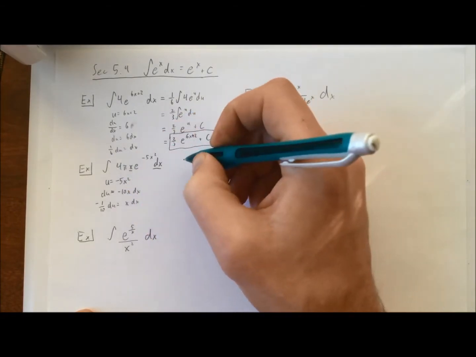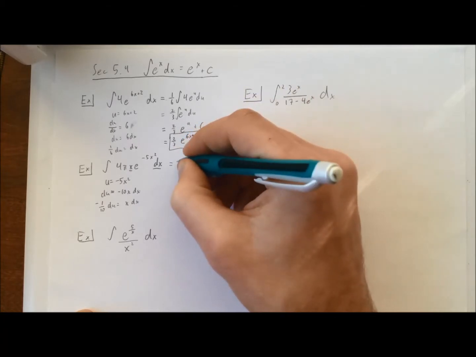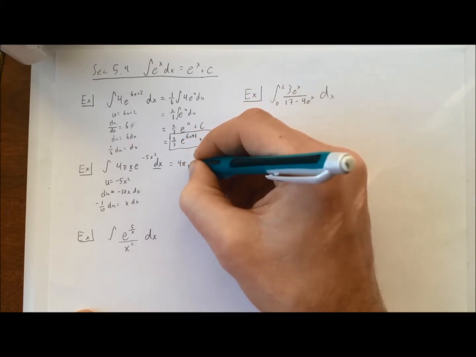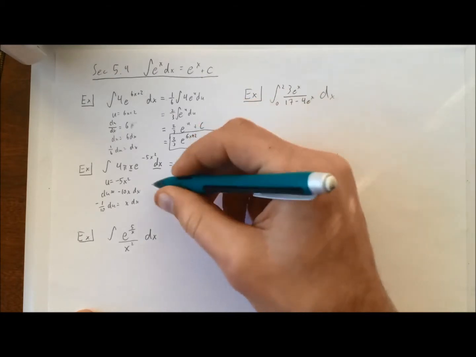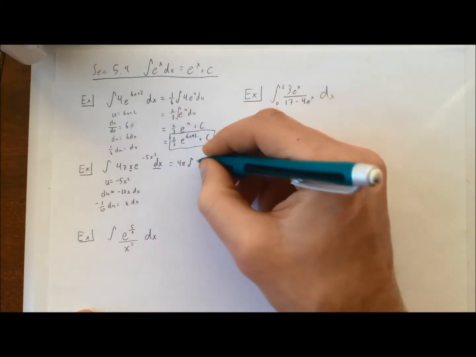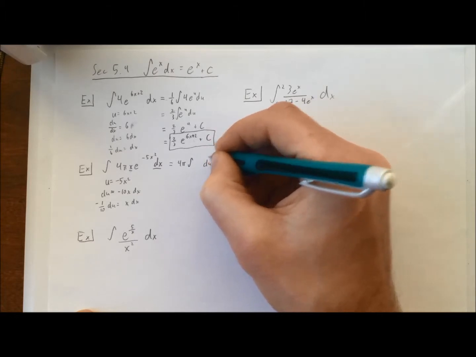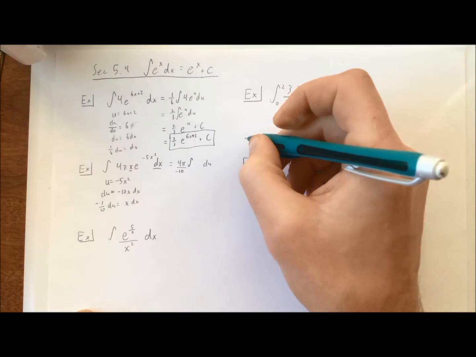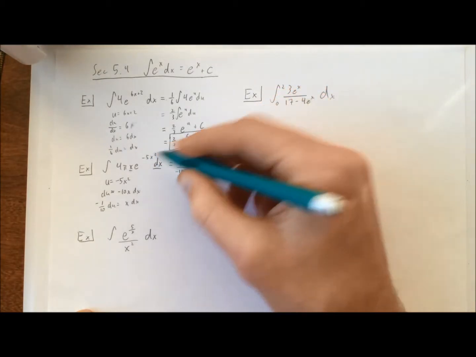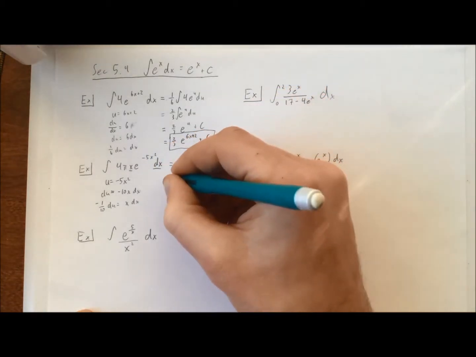We're also going to slip this 4 pi out front. So we're going to get 4 pi. The x dx, of course, becomes just the du over negative 10. And we're going to have e to the u.